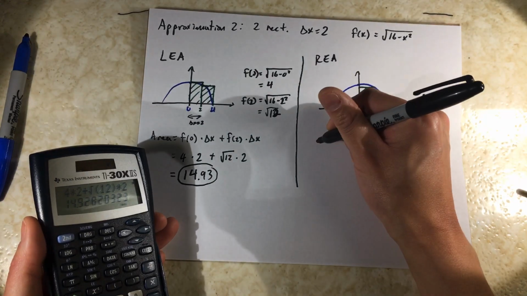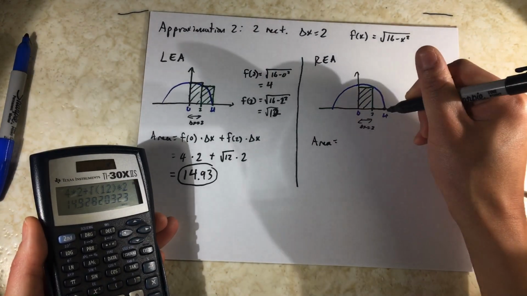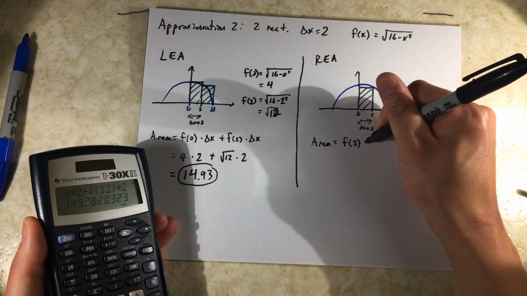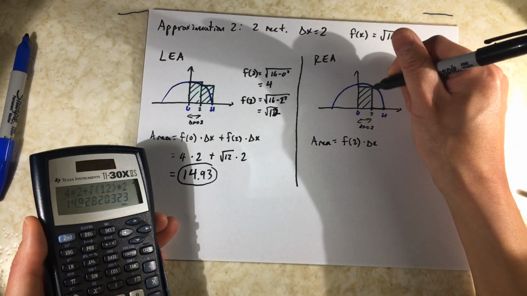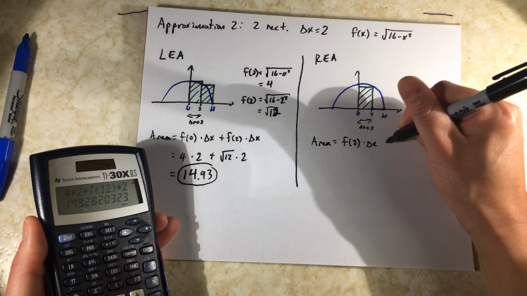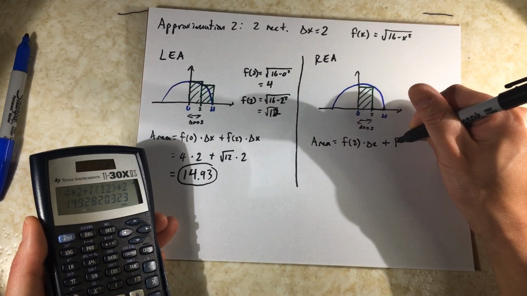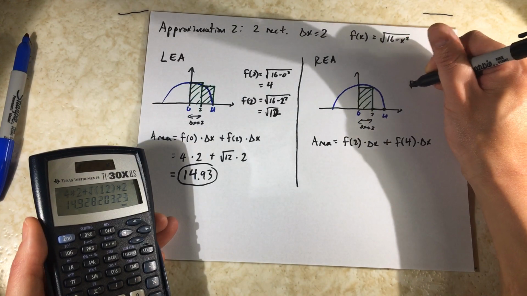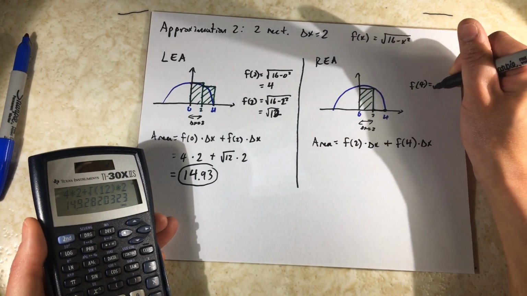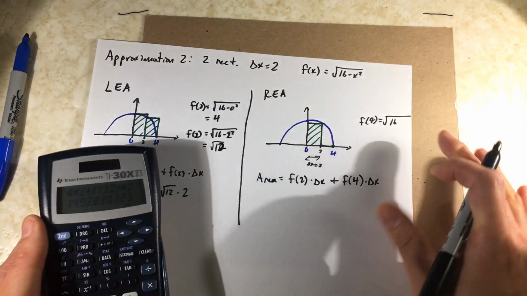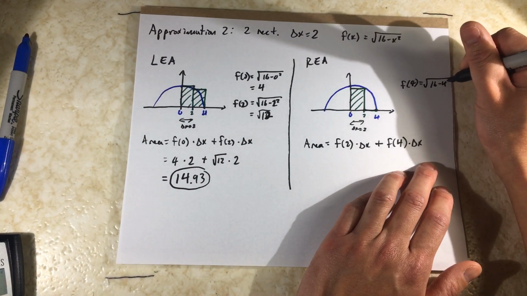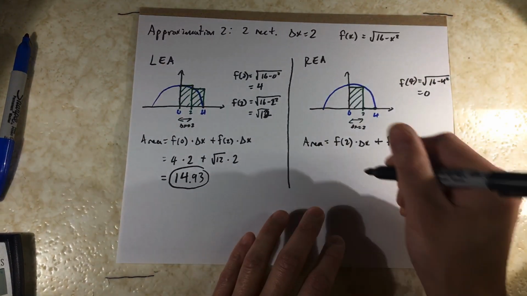And then for these, we're going to use the right-hand side. So f of 2 times delta x, which is this rectangle, plus f of 4 times delta x. We know f of 4 is the square root of 16 minus 4 squared, which is just 0.